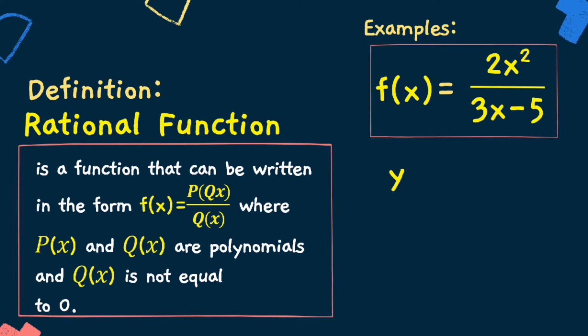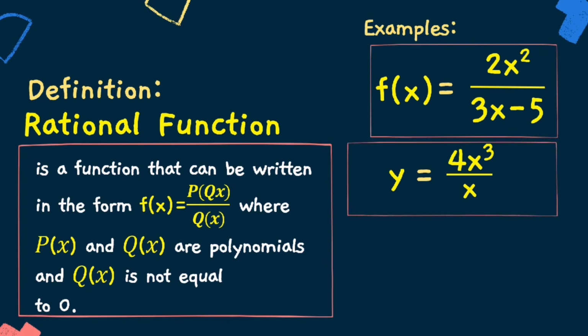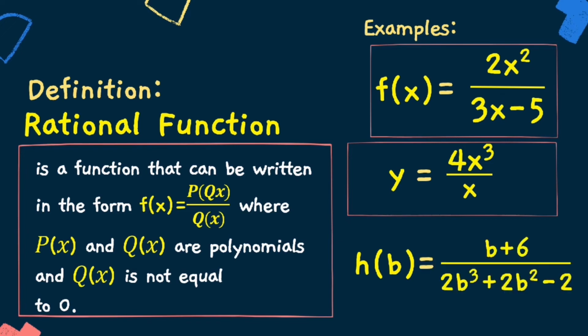Another one, we have y equals 4x cubed divided by x. We also have h of b equals b plus 6 divided by 2b cubed plus 2b squared minus 2. So these are examples of rational functions.